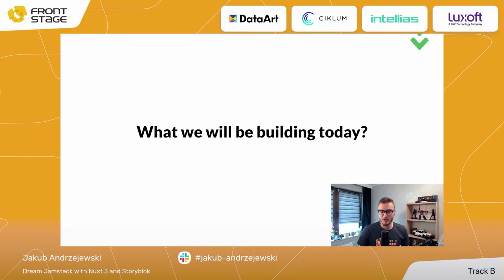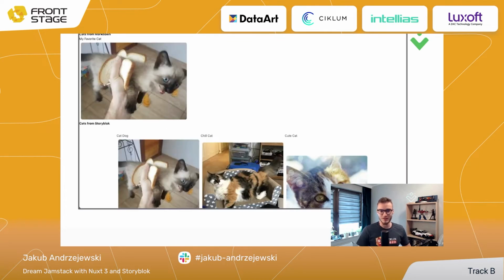So what will we be building today? We will be building something like this. As I mentioned, it won't be beautiful, but I am the guy who prefers how a website works than how it looks. So in this demo part, I'll be focusing mainly on the functionality.